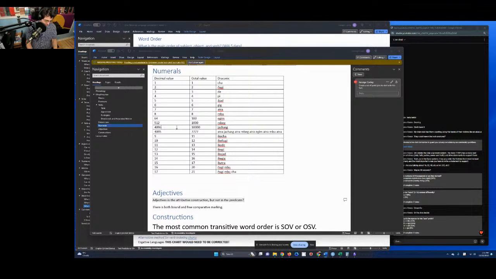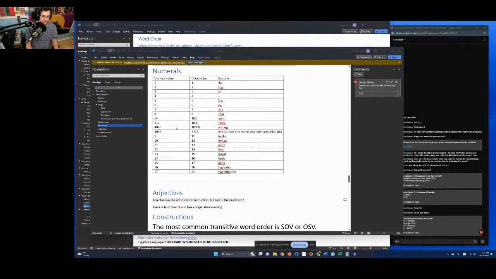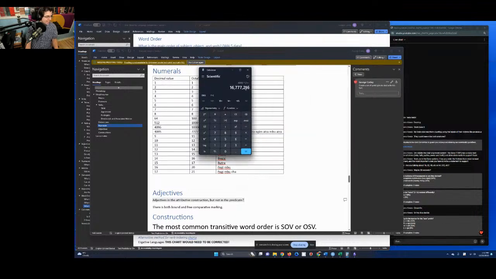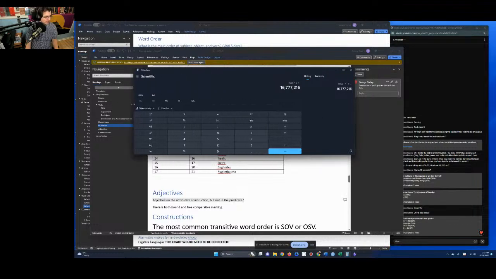What is that even? 4096 squared is, is that right? 16,777,260. It's really, guys, it's real hard to work in a different numeral base.